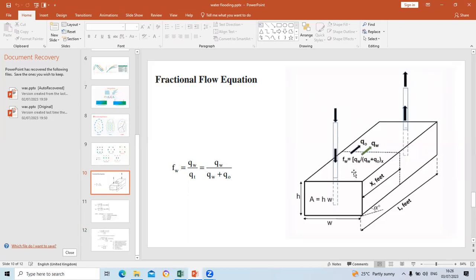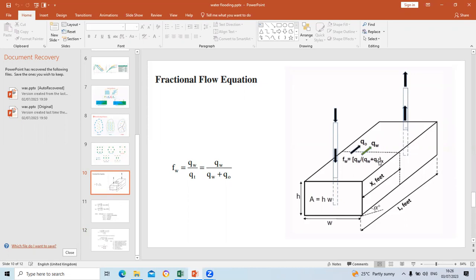The next water that is coming, there is not much oil left for it to compete with. So the water saturation will gradually be increasing in this direction. Here I'll have the lowest water saturation. Here I'll have the highest water saturation. They have the water saturation at the front.